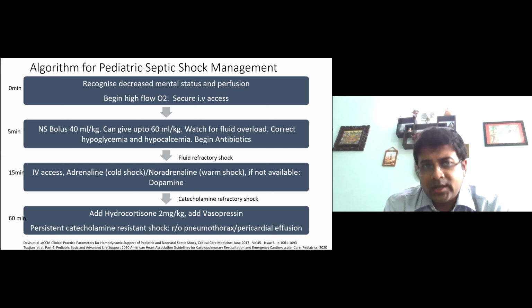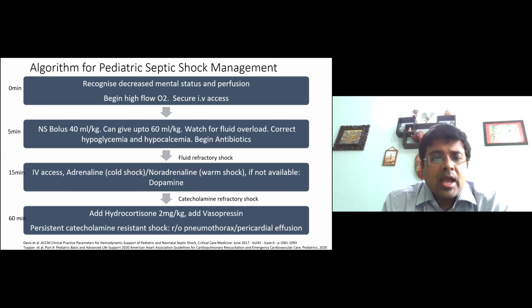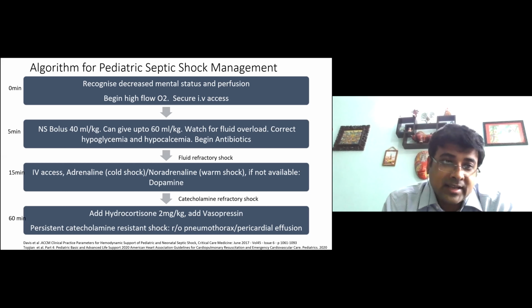If this does not work in the next 10 to 15 minutes, what you have to understand is that it is possibly a fluid refractory state. In that situation, we probably need one more IV access, preferably a central IV access, which may be a little difficult in the first 15 minutes.